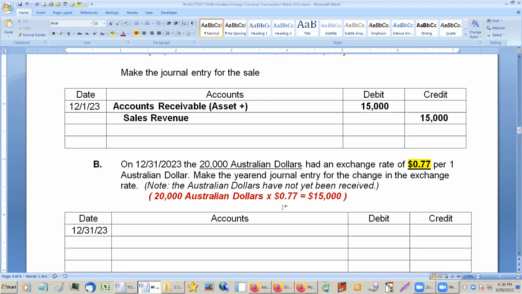So we're owed 20,000 Australian dollars times 0.77. It's not equal to 15,000. Um, 15,400.